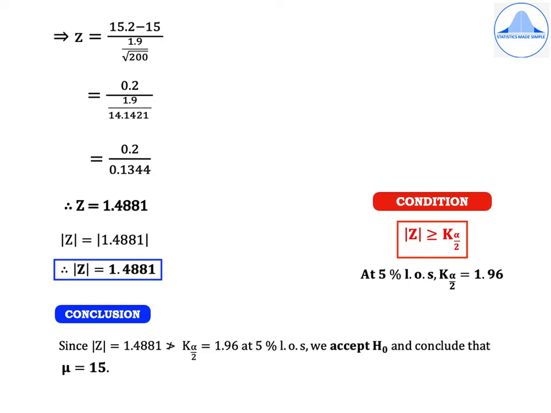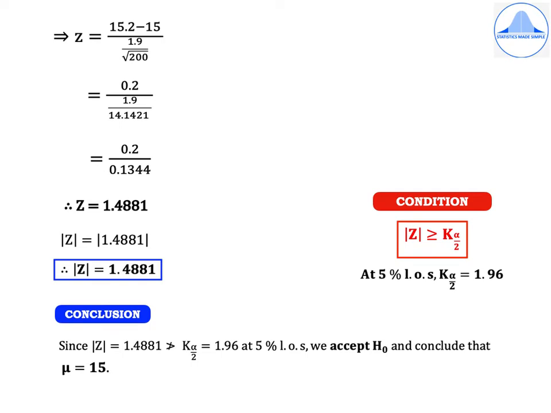So we need to compare mod z with 1.96 and then write our final conclusion. So we got z as 1.4881, but for a two-tailed test we need to find out mod z. So modulus of z is modulus of 1.4881, and since this is a positive value, the modulus of a positive value remains as positive. So therefore mod z is equal to 1.4881. Now compare this value with 1.96.